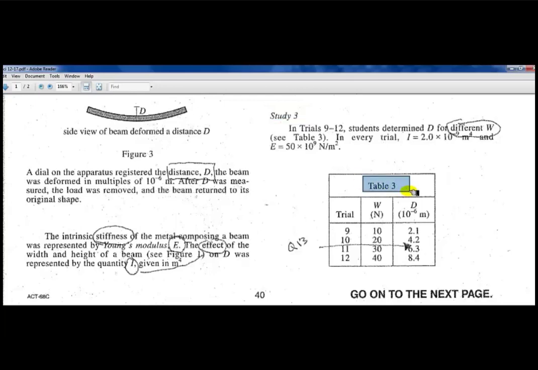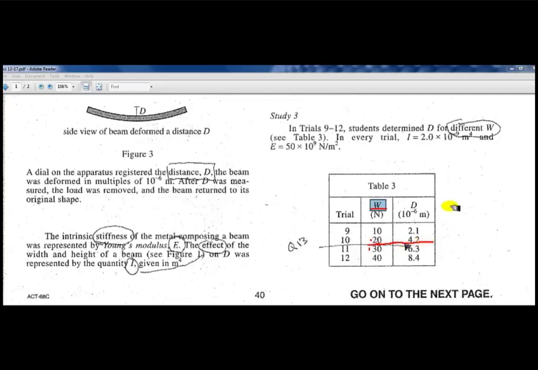We have a new W value of 25. So you simply look, find where 25 under the W column would be. Here's 20, here's 30. It would be right between here. It would be between 10 and 11 trials. Go ahead and look what the D value would be.